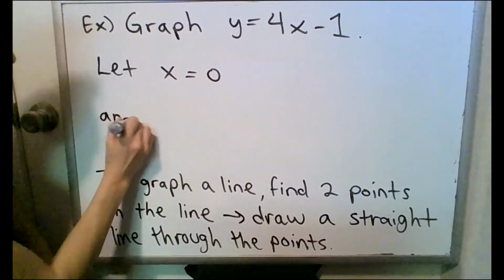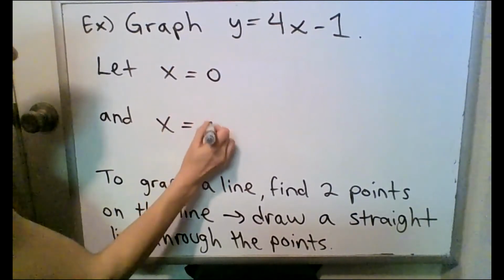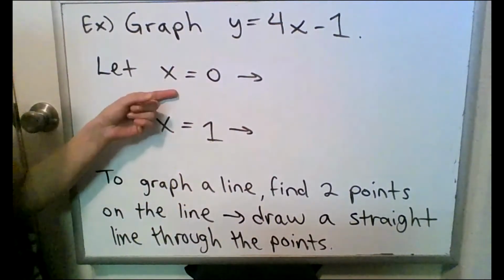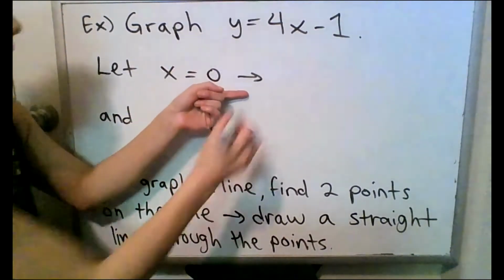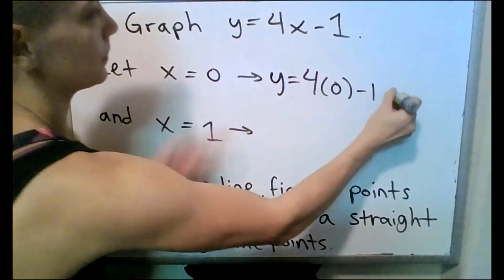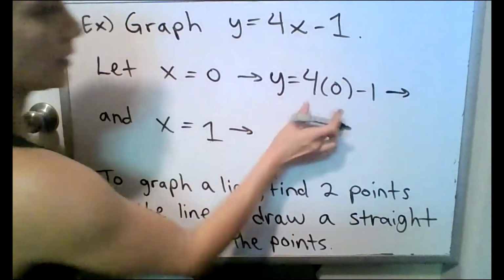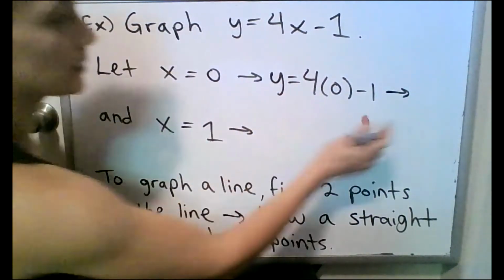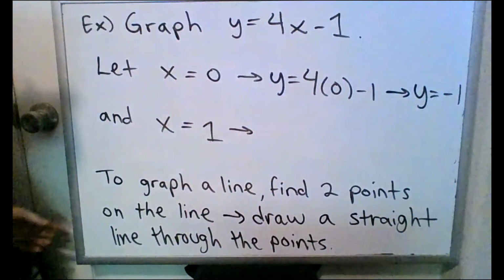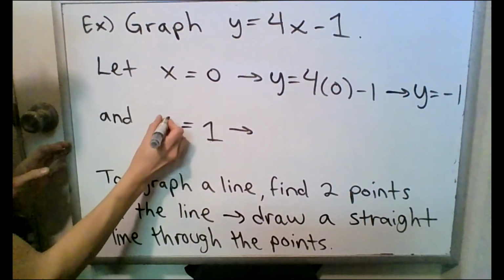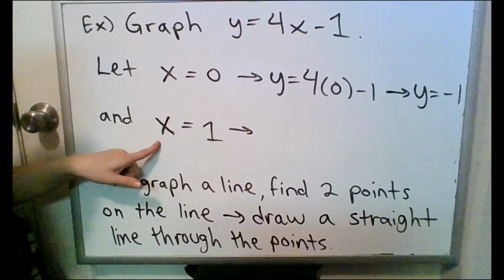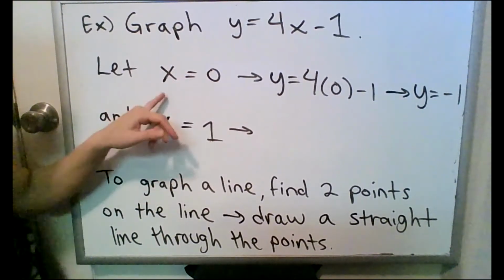And I'm going to try having x equal to 1. Okay, for the first one, if I put in x equals 0, I have y equal to 4 times 0 minus 1. So y equals -1. The other point, so I'll put this together in a moment.